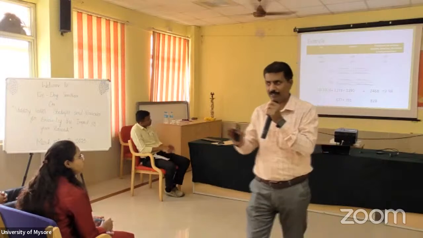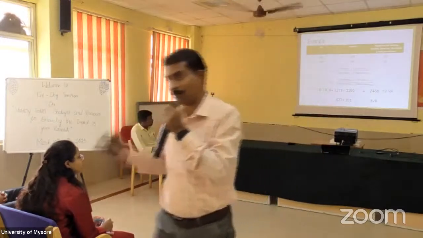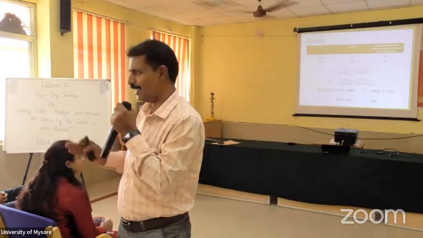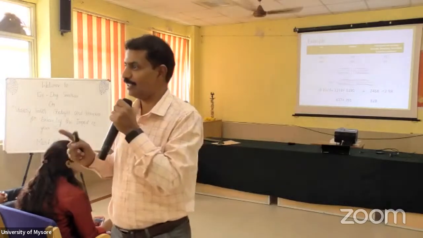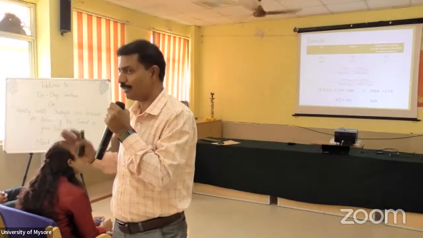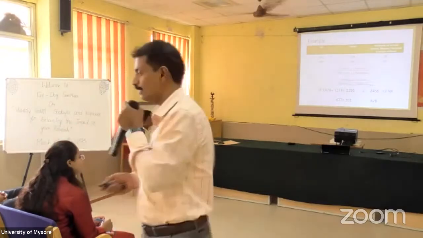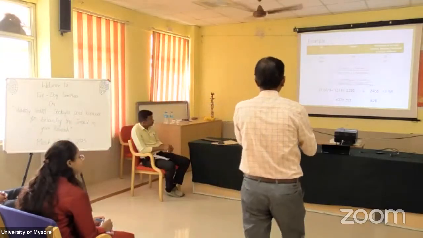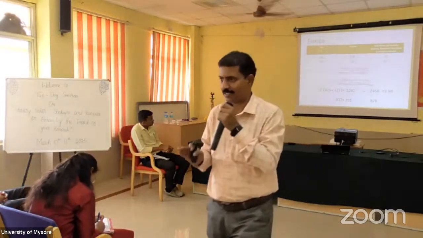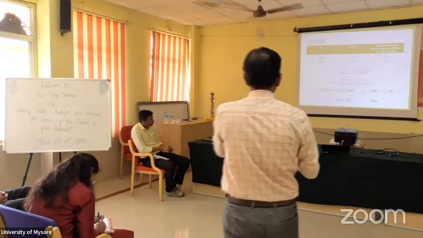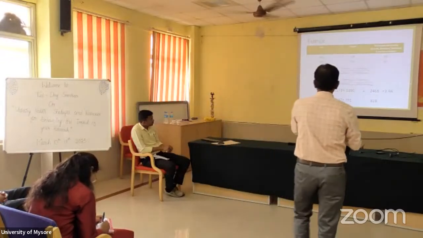Here, the number of citations received by the journal is more than the number of articles published. By looking at the data, I can decide it's a good journal, because when an article has been cited more, definitely it is a good article. Since it has published fewer articles compared to the citations, probably the journal has maintained quality in its articles. In the year 2018, it has published 391, for which it has received 1,109.